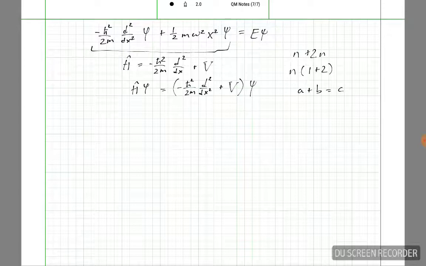So in this case, our order does matter. This operator is going to act on this wave function. So I'm taking the second derivative of the wave function with respect to x.